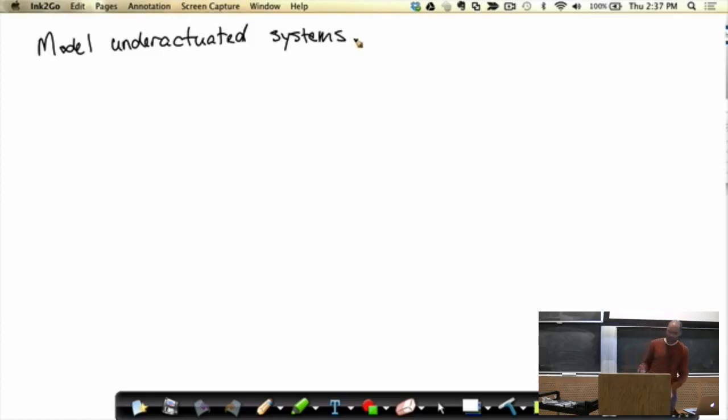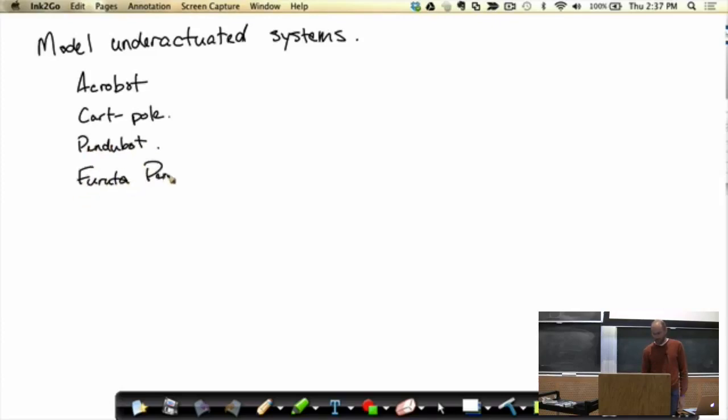Some of them you'll recognize by name. Some of them we'll talk about today, but the Acrobot is certainly one we'll talk about today. Cart poles you've probably seen. But there's many actually. There's something called a Pendubot. There's a Furuta pendulum. Reaction wheel pendulum is similar.